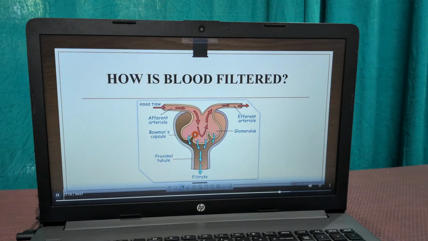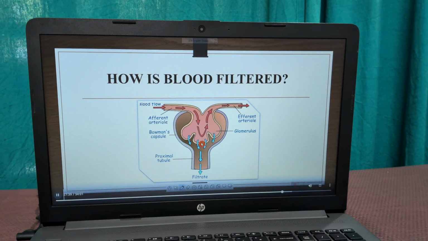The glomerulus allows the smaller molecules to get separated, and the rest, the bigger molecules, the larger molecules, and the important plasma proteins and important minerals are reabsorbed and remain here in the arterioles, while the rest, which is toxic, and the smaller molecules are then filtrated out through the proximal tubule.